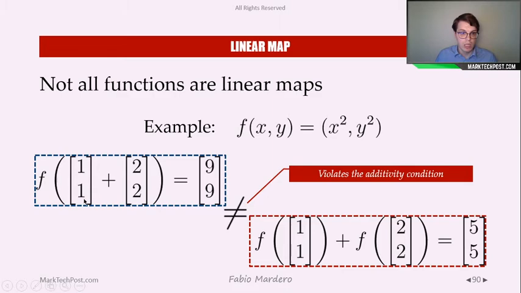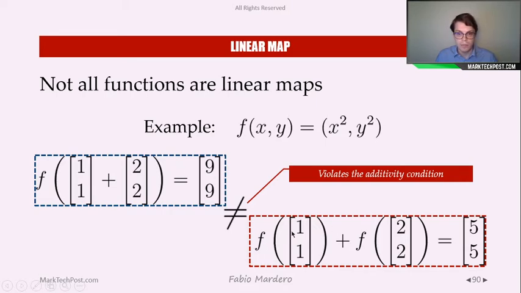But that's not the case, because here we have the sum that gives a vector of coordinates 3, 3. We apply the function that takes the square of both elements, so we get 3 to the power of 2 is 9, so 9, 9.